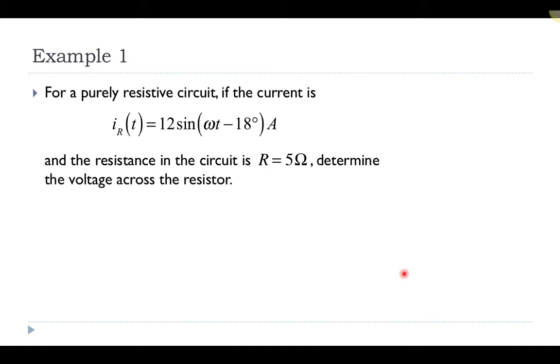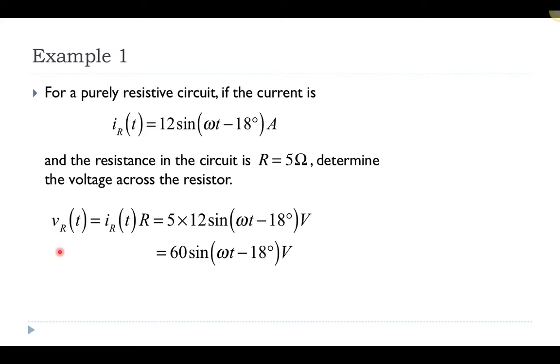Suppose I have a purely resistive circuit with a current going through the resistor of 12 amps times sine omega t minus 18. The resistance in the circuit is 5 ohms, and we want to determine the voltage across that resistor. We can use Ohm's law.